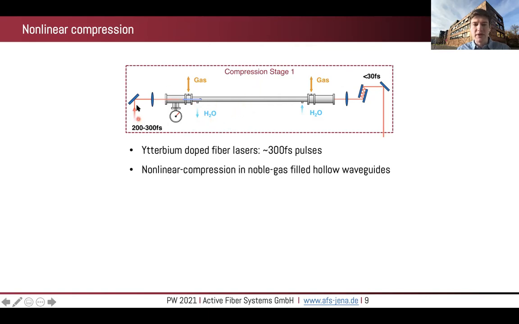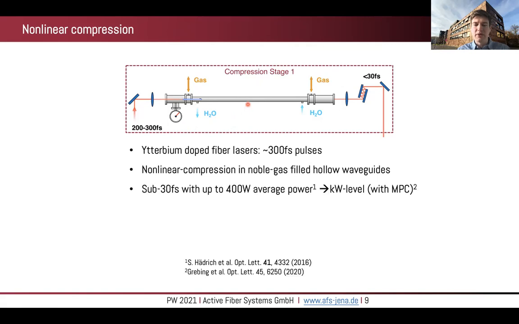Basically you send your pulses into a noble gas-filled fiber, hollow fiber in that case. Self-phase modulation happens, and then you can compress your pulses with chirp mirrors easily. And with this approach, sub 30 femtosecond pulses at a few hundred watt of average power have already been shown.